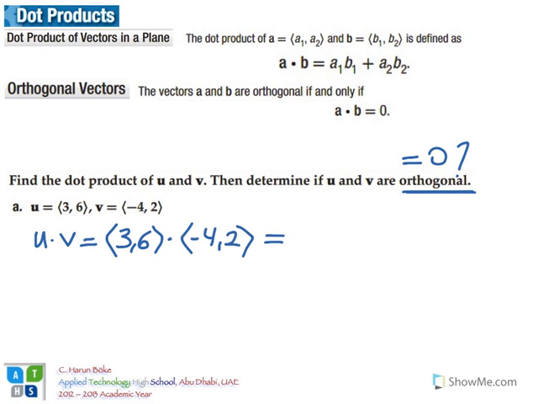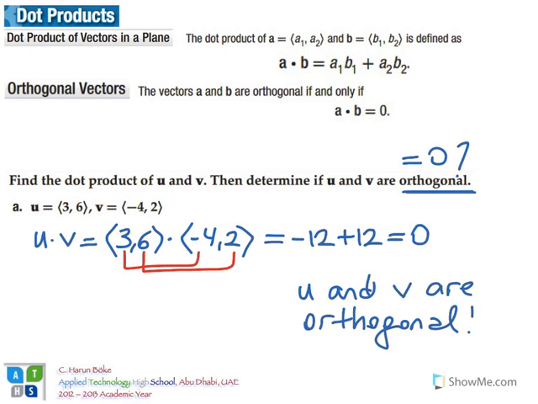So it will be 3 times -4, which gives me -12, plus, with the y values, 6 times 2, which is 12. So I have -12 plus 12, which gives me the result 0. So we can say that these two vectors, U and V, are orthogonal.